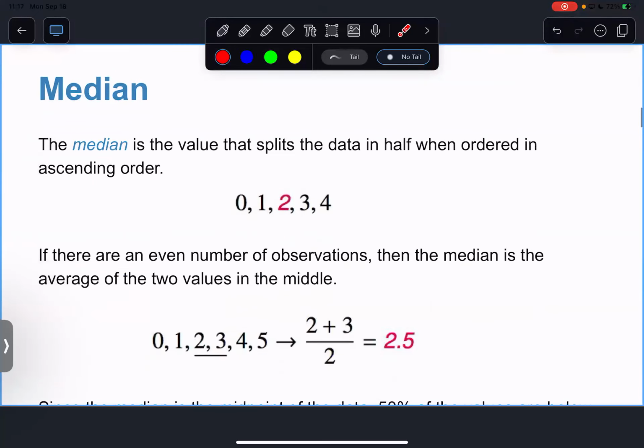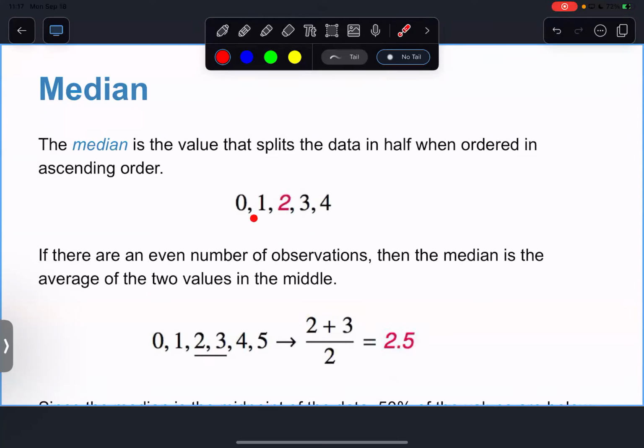All right. So what's another measure of center that we could talk about? Another measure of center that we could have is the median. Now, the median is just the value or the data point that splits your data in half. Okay. Nothing too crazy.